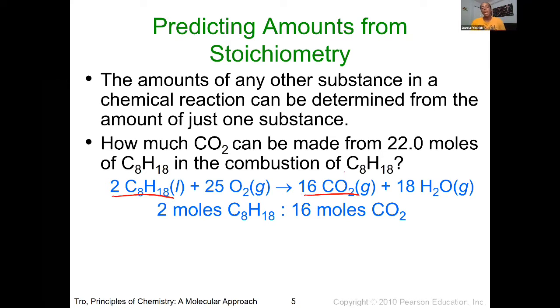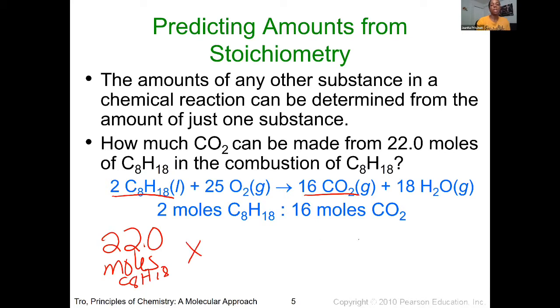If I was asked how much CO2 can be made from 22.0 moles of C8H18 in this combustion, we can use that to predict how much will be made. How? By taking our 22.0 moles as our given, and then using the conversion factor, 2 moles to 16, as a means to get to what I want, which in this case is moles of CO2.